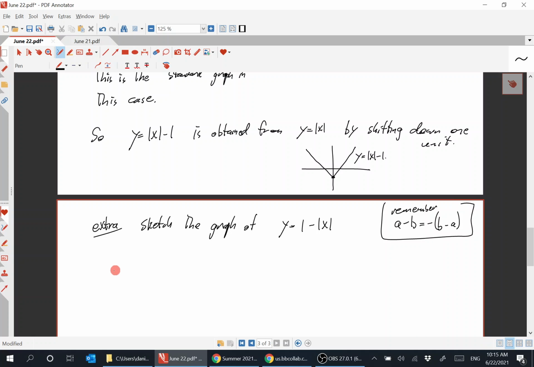So y equals 1 minus absolute x is equal to the negative of absolute x minus 1.